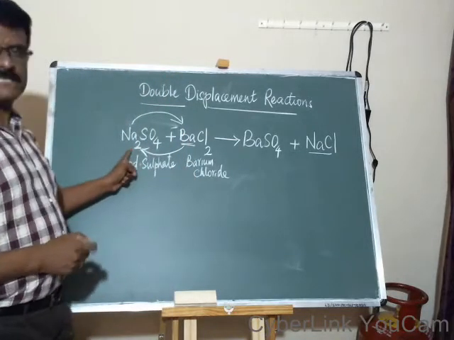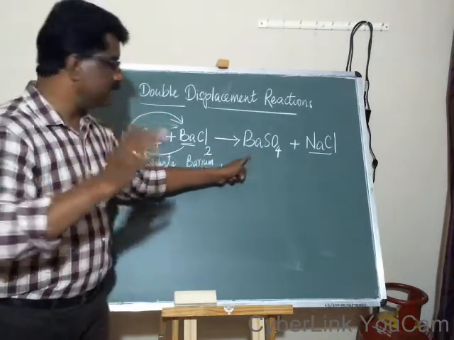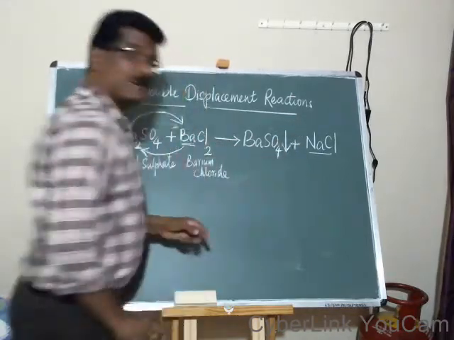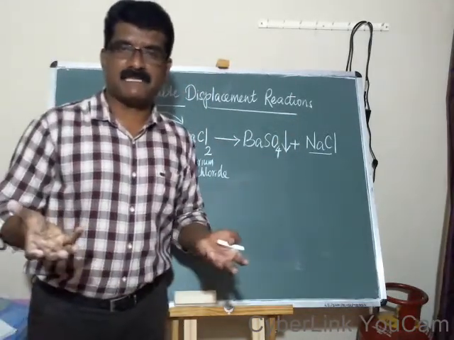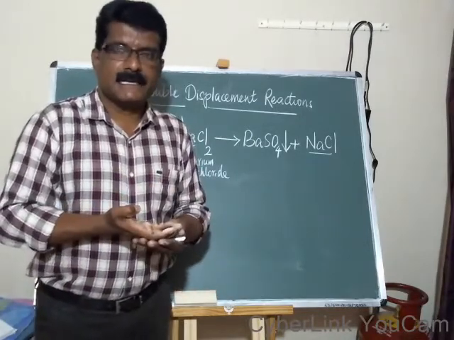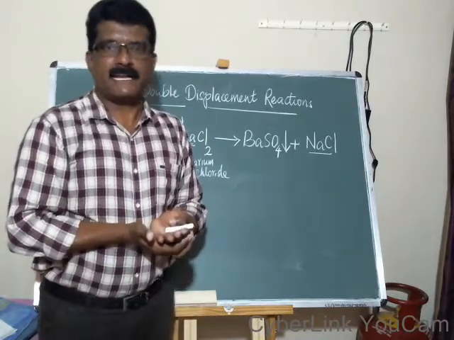Here, when sodium sulfate reacts with barium chloride, you get barium sulfate, which is a precipitate. What do you mean by precipitate? A precipitate is a solid substance that settles at the bottom of the test tube after a reaction.